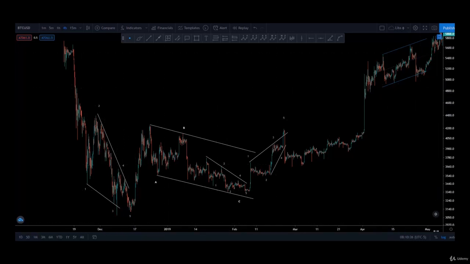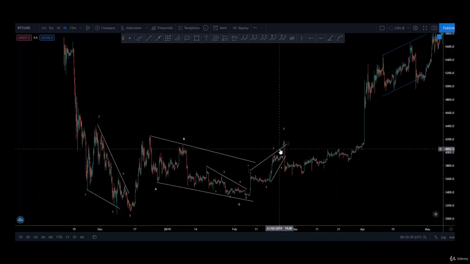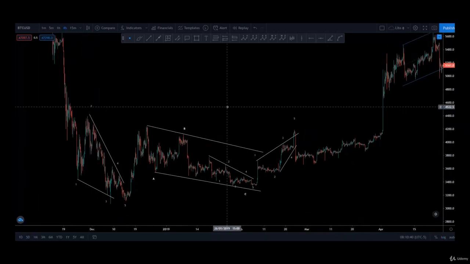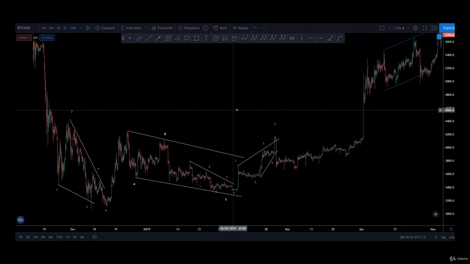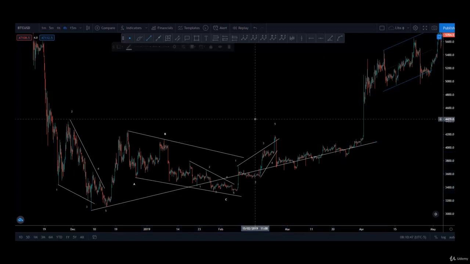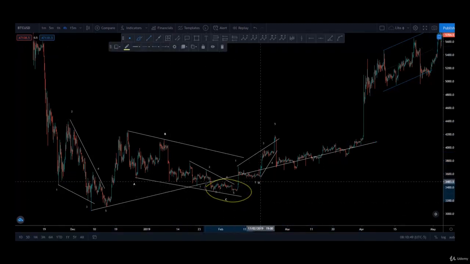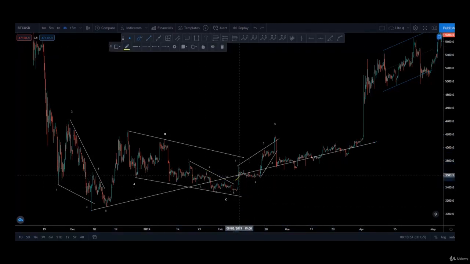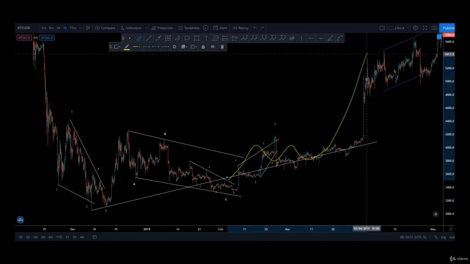But make sure log scale is on, because if you don't have it on, the figures are gonna look a little bit weird. For example, if I use my trend line here, I can see like this is going down because it's below the trend line. It retests and goes down, but it didn't. It went up.